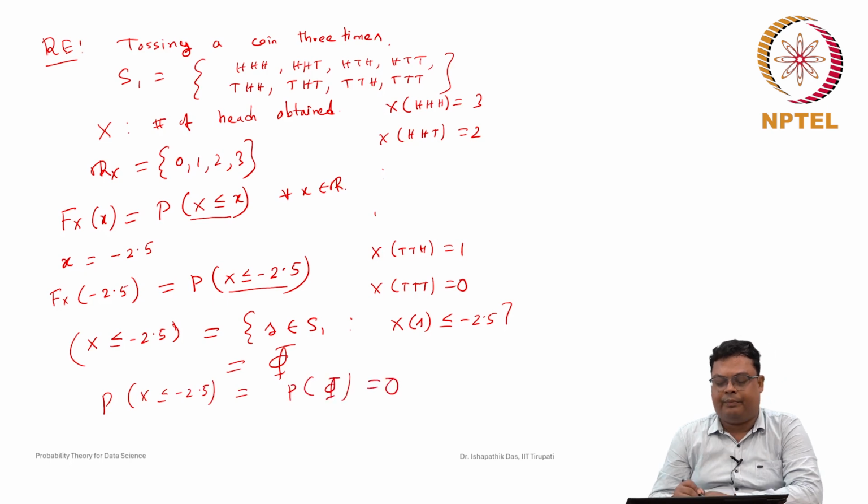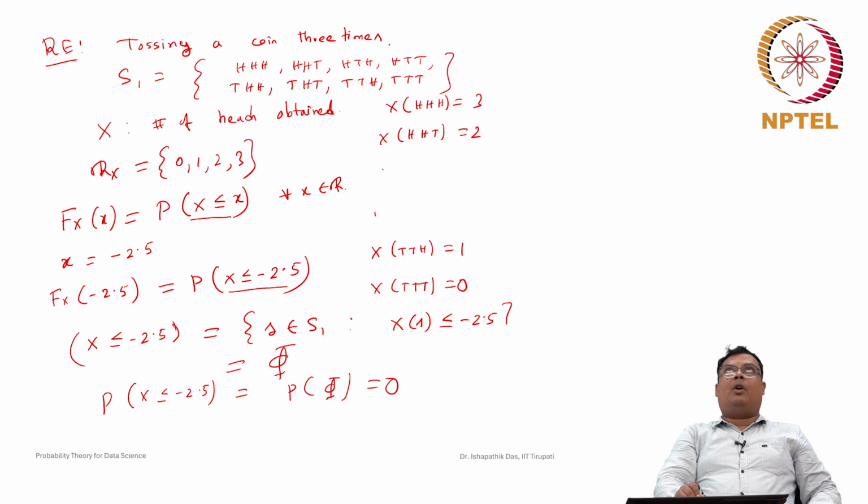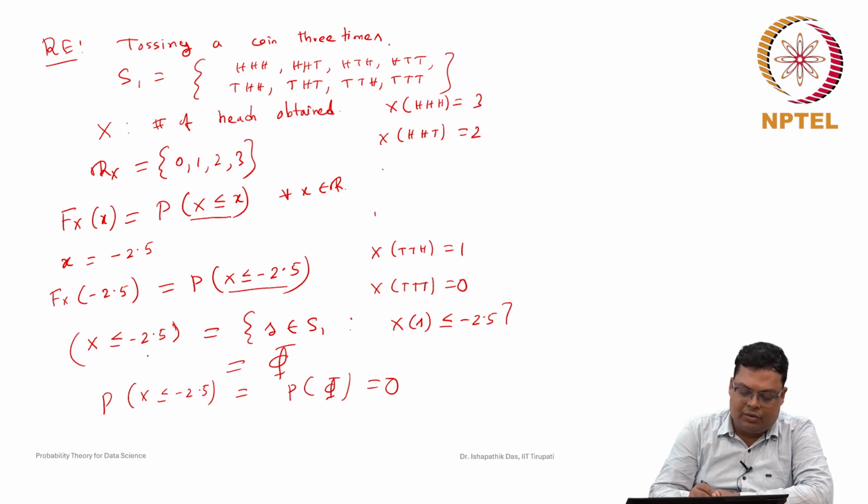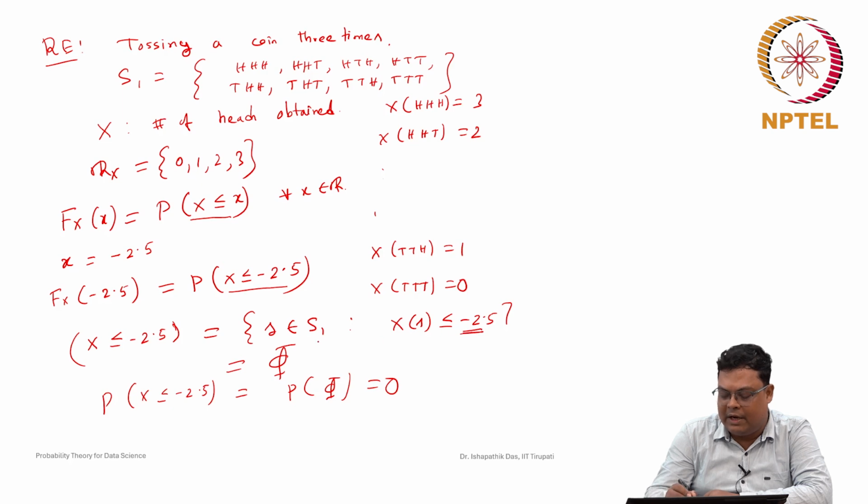which is equal to 0. So for any negative real number x, you can see that this will be the null set, because X is always taking non-negative values.